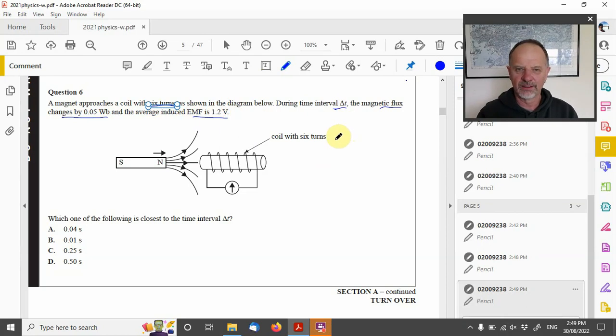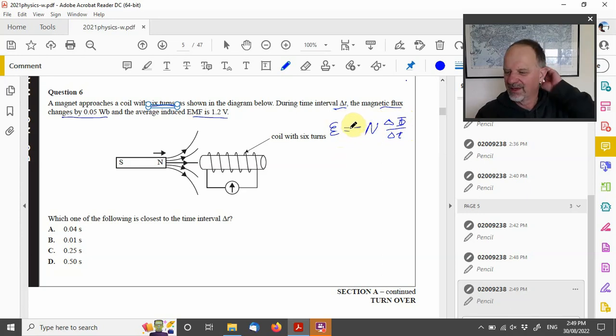Okay, so you need to know what the formula is, and it is on the formula sheet, and it is that the average EMF would be negative N change in flux with time. Now, in this case, the negative just indicates that it opposes.